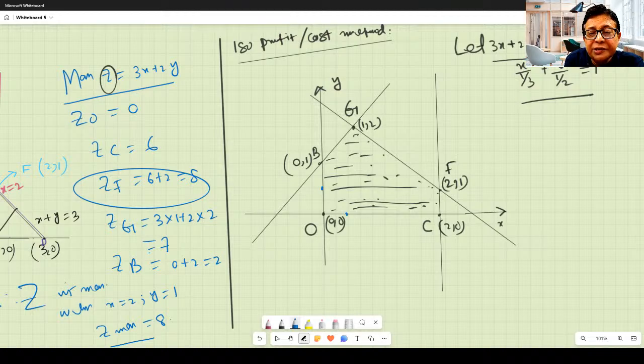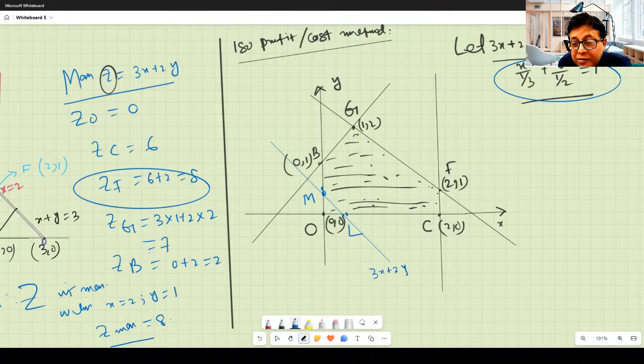So these points are L and M. So this isoprofit line, by putting z equal to 1, we will plot first. I have given the rough sketch. Just a little bit it will shift here. It's like this. Okay? So this is the line that you are supposed to maximize by giving a smallest value in it.